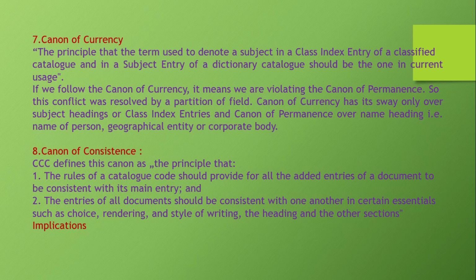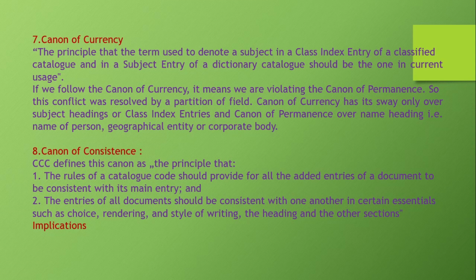Canon of Currency. The principle that the term used to denote a subject in the class index entry of a classified catalog and in a subject entry of a dictionary catalog should be the one in current usage. If we follow the canon of currency, it means we are violating the canon of permanence.